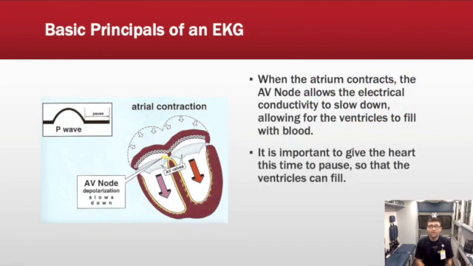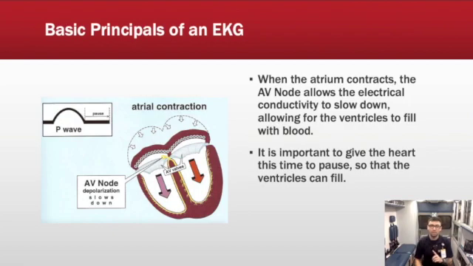When the atrium contracts, the AV node slows down the electrical conductivity, allowing the ventricles to fill with blood. If we fired the ventricles at the same time that we're firing the atria, blood is not going to go anywhere. It's just going to sit there. So it's important for the atria to fire through the SA node.